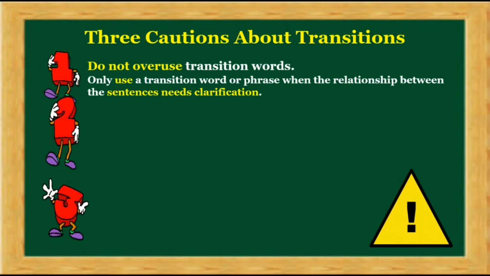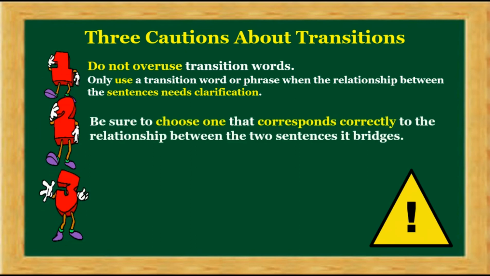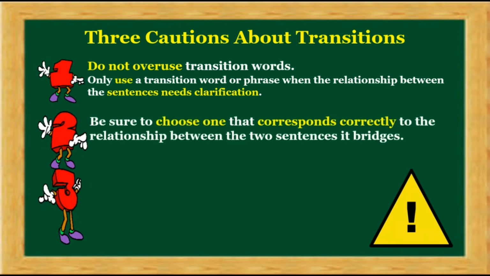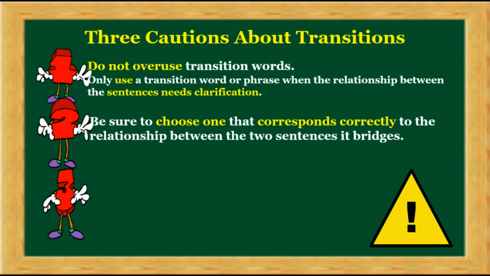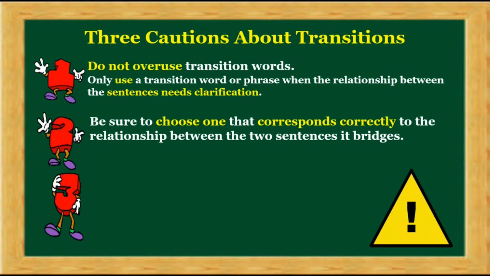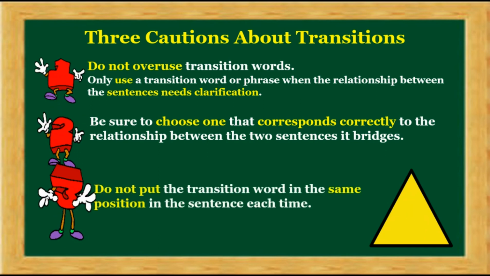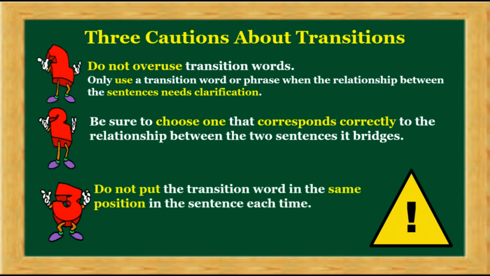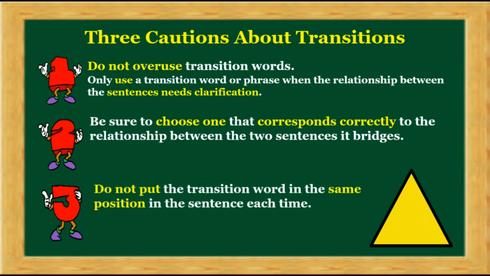Number 2, be sure to choose one that corresponds correctly to the relationship between the two sentences it bridges. And number 3, do not put the transition word in the same position in the sentence. Let's read and analyze a sample paragraph.